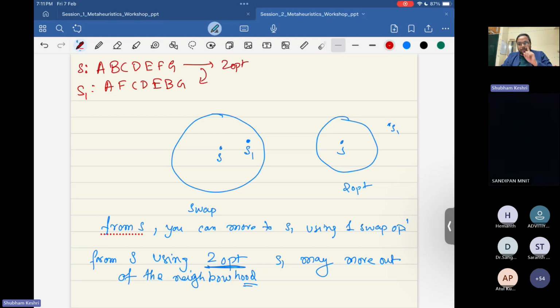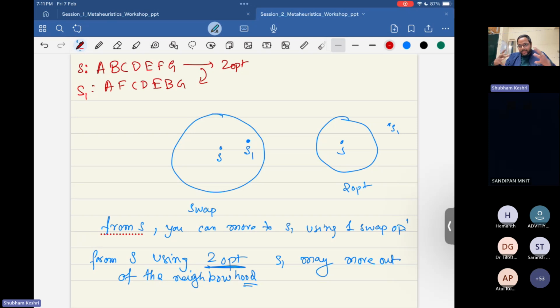You will not be able to use one 2-opt to move to this solution. You will need two 2-opt. So the neighborhood is changing. S1 was a neighbor of S using swap, but using 2-opt, it is not in the neighborhood. So the distance is increasing. You may have to do 2-opt or 3-opt to reach S1.